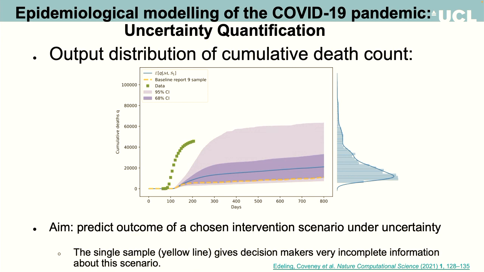And what his report with others provided to the Prime Minister at that point was this orange line. He ran one simulation, and that was what he was advising the Prime Minister about.